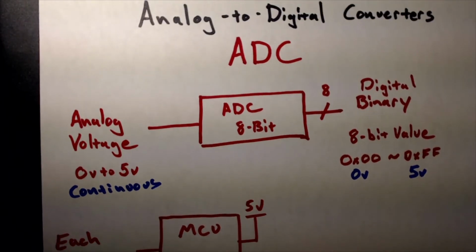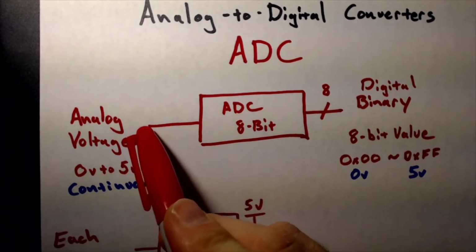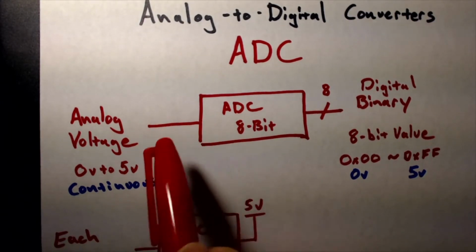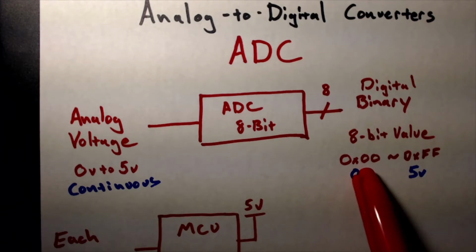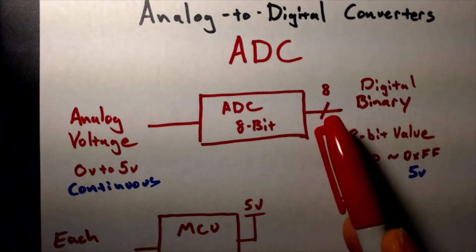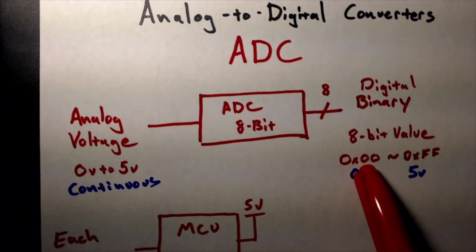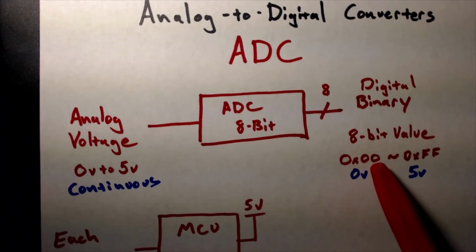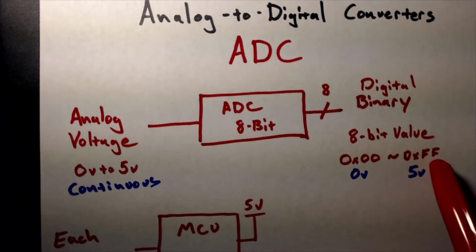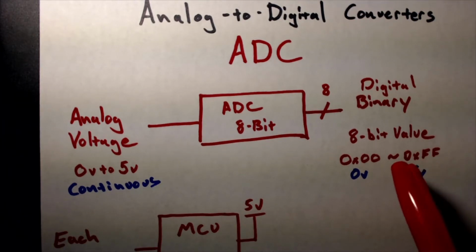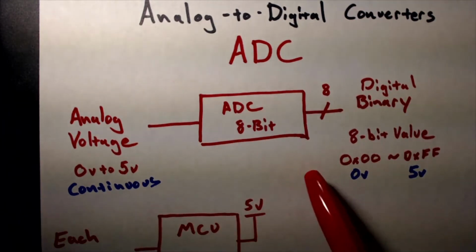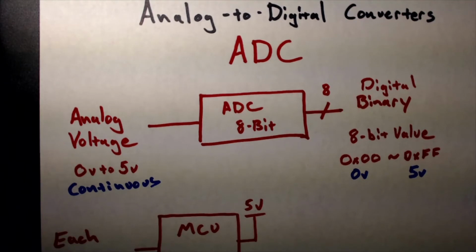But up here with our analog to digital converter, one wire can represent a range of values going from 8 bits, 00 hex, all the way up to an 8-bit all ones, FF. So that's the goal of what this analog to digital converter is attempting to do.